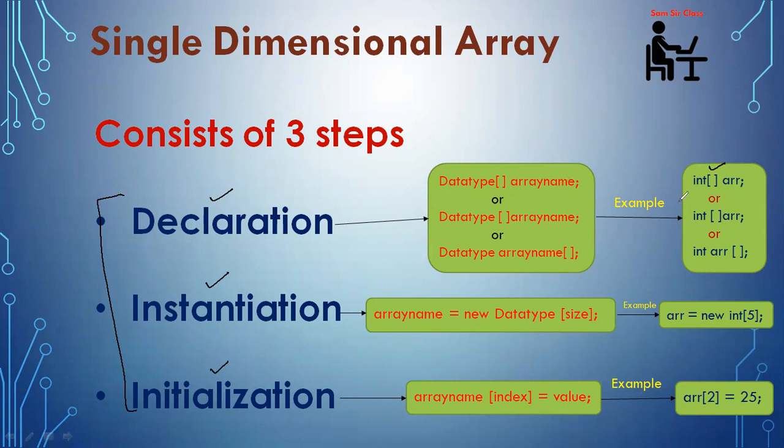But in object oriented Java, during declaration you only need to provide what kind of value you want to store. That is the objective of declaration.